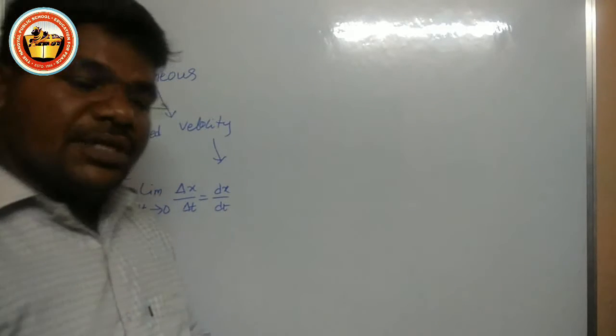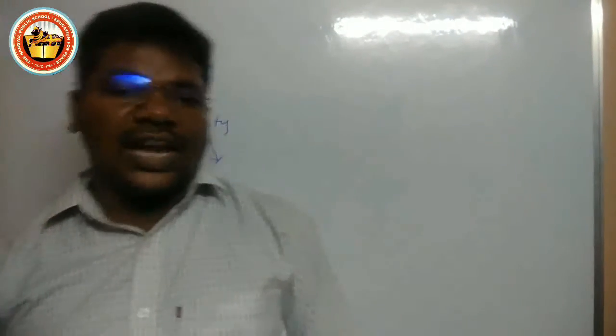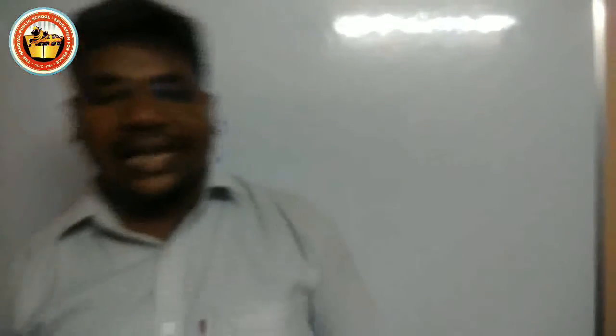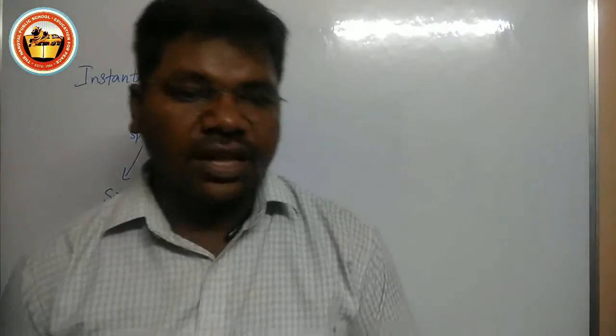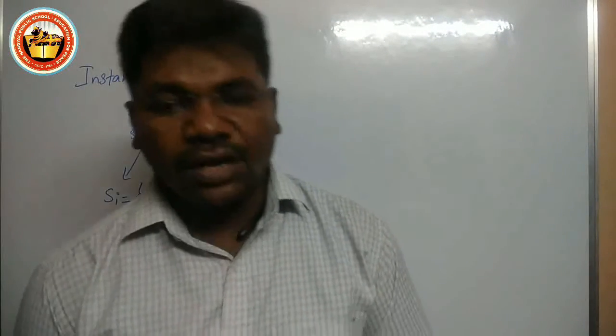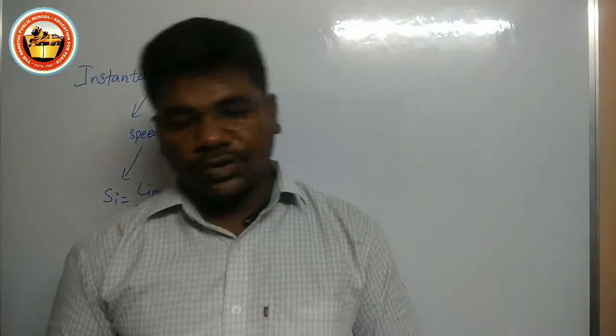Coming to instantaneous velocity. Velocity at an instant is defined as the limit of the average velocity as the time interval becomes infinitesimally small or approaches zero.